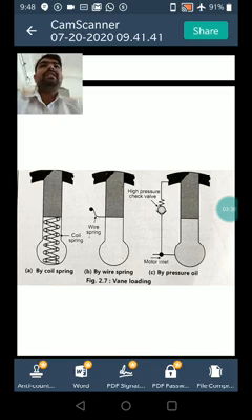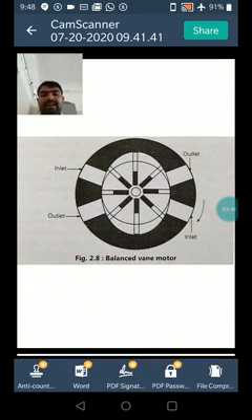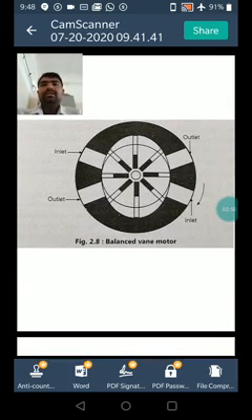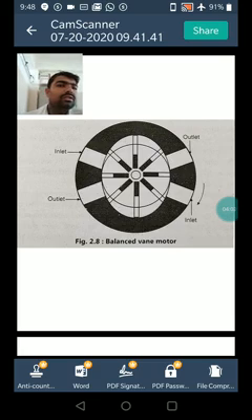Then next we can say that a balanced vane motor is shown in the next figure. This is the figure. There is an inlet port, an outlet port and clockwise direction. In this motor, the rotor housing has the vanes essentially placed along two inlet and outlet ports opposite to each other.